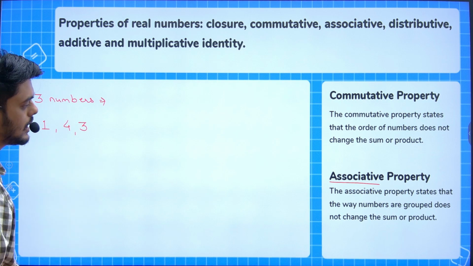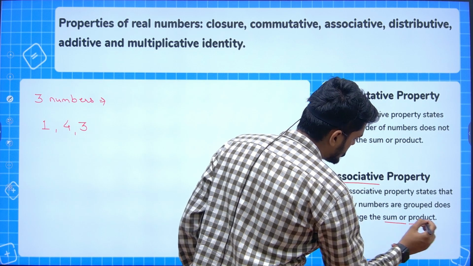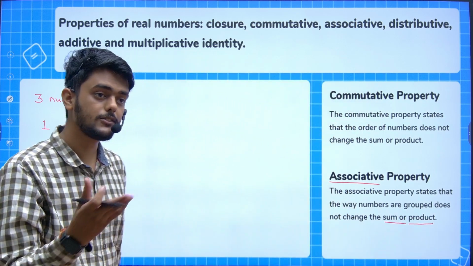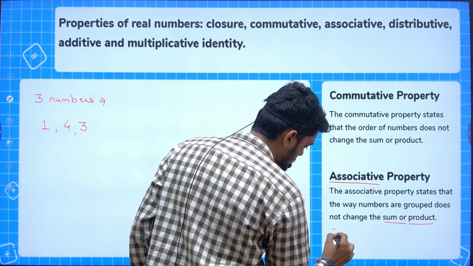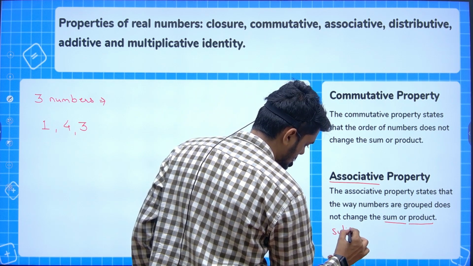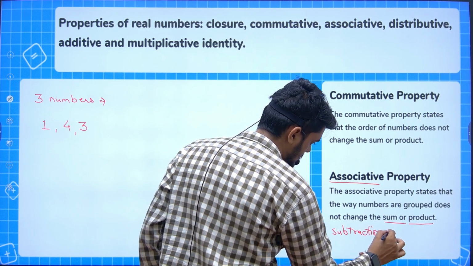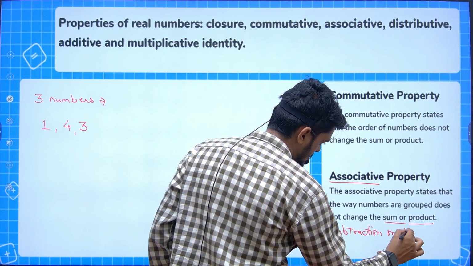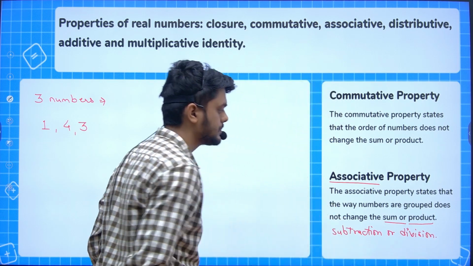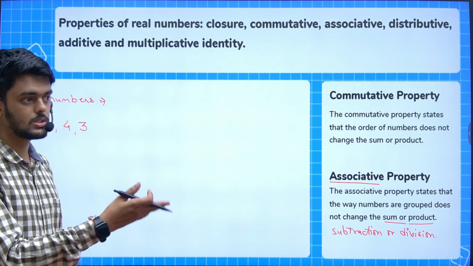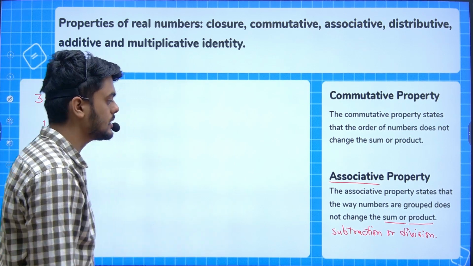Again, the operation is specified to sum or product. Apart from these two operations, if you go to subtraction or division, the associative property would not hold for the particular number systems.